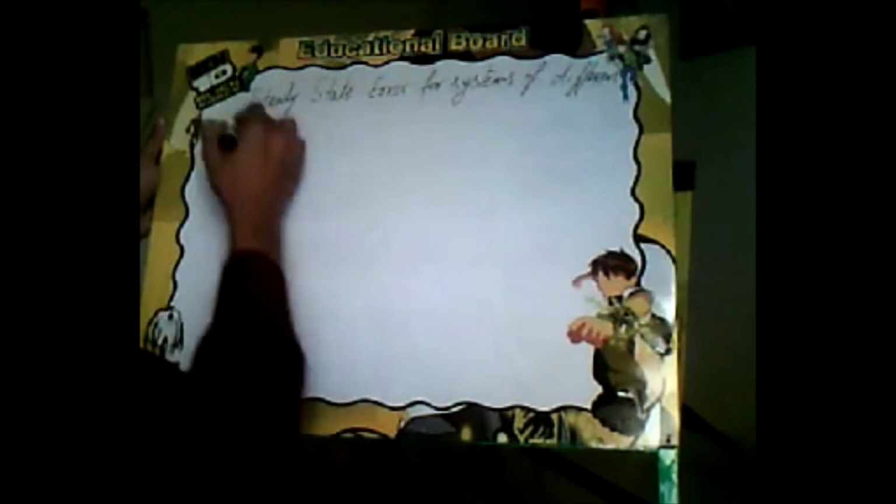Steady state error for systems of different types. So first of all, I want to remind you what is a type of a system.